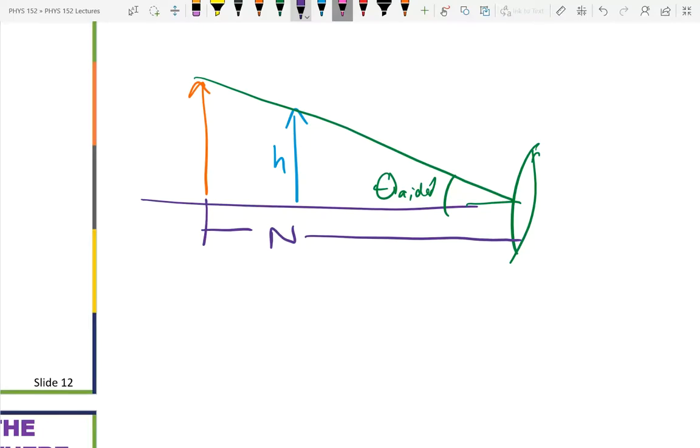How can I calculate theta aided from this diagram? I know the height here, but not the distance. I know the distance here, but not the height. I can make some relationships between them, but I only have two sides, so I'd have two unknowns.